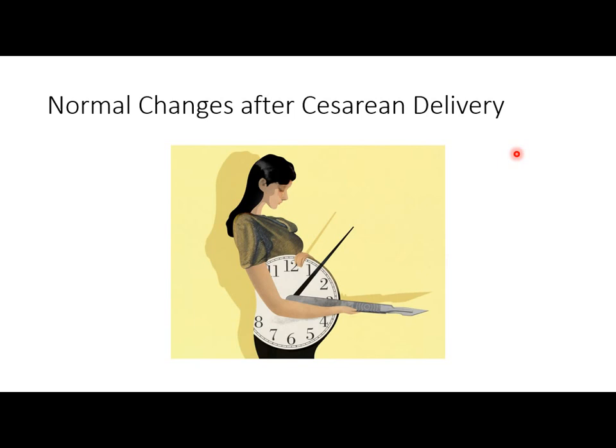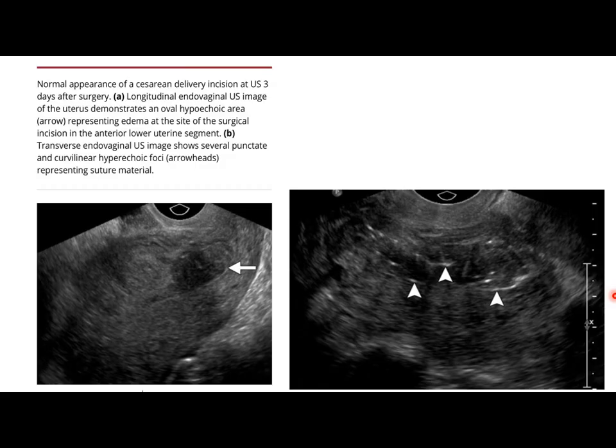In addition to these changes, there are some other changes related to the cesarean delivery. In the first days after delivery, the post-operative imaging findings may look like complications, for example hematoma or abscess formation. So it is important to know the normal changes after cesarean delivery.